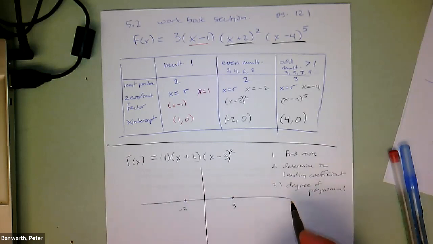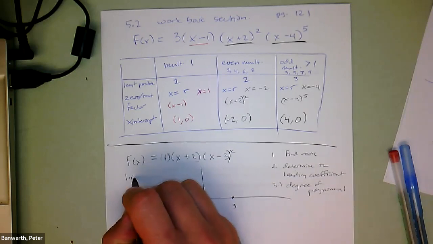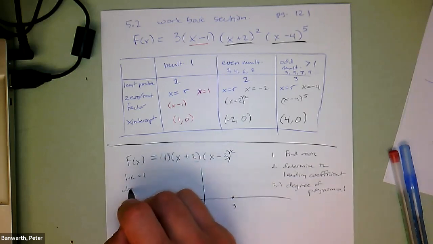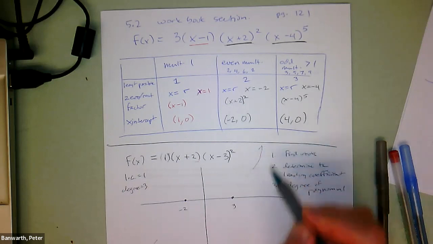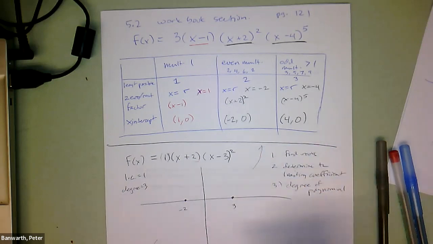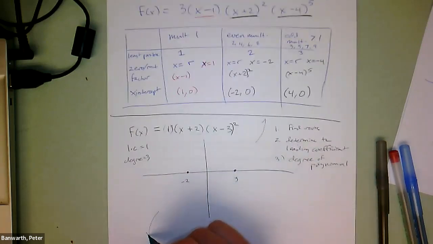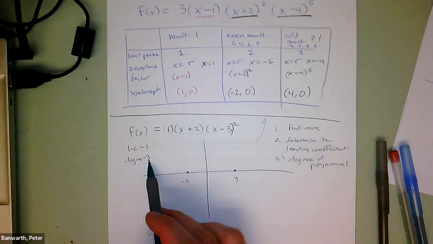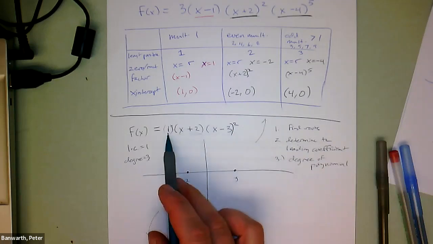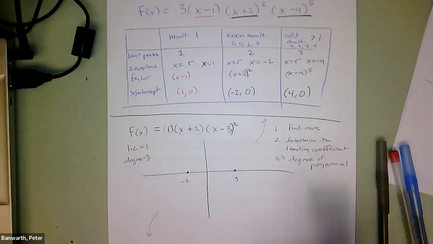So this is a leading coefficient equals 1, degree equals 3. So I know it's going to have end behavior that does that, because it's a cubic, overall it's got a degree of 3, and it has a positive leading coefficient.